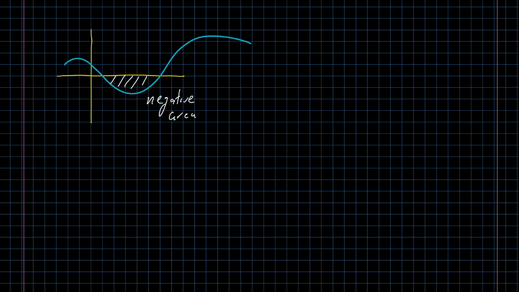And we said that the area between the curve and the x-axis below the x-axis is a negative area, and the area between the curve and the x-axis above the x-axis is a positive area. One way you can think about that is that whenever you're moving downward, you have a negative length. And whenever you're moving upward, you have a positive length.